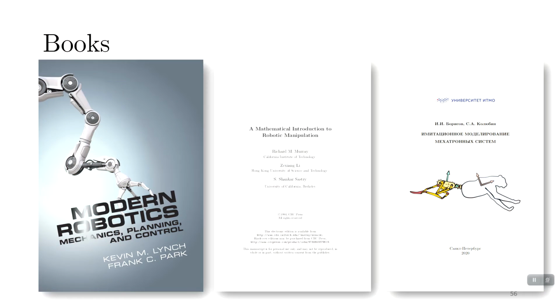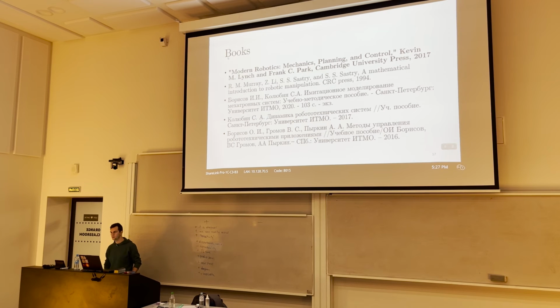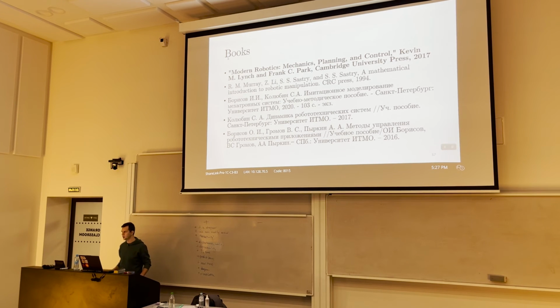Books, here you can see the titles of the books. Here you can see the list. So actually you can find different kinds of books, and I already uploaded them in the Yandex disk. I encourage you to read the first one, Modern Robotics by Kevin Lynch. It's very great because you do not need any prerequisites, any preliminary knowledge in order to read it. You can read from scratch.